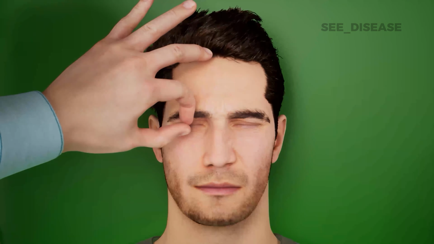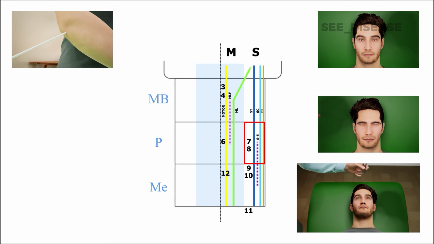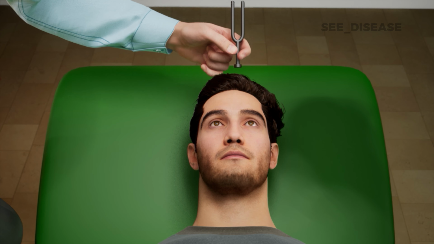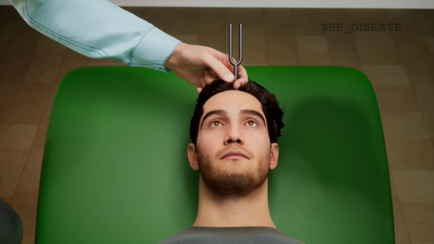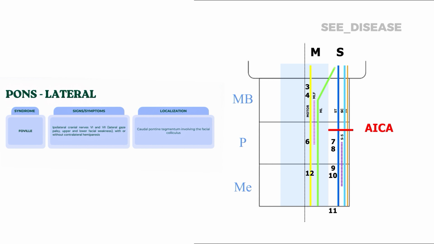And on the tuning fork test, you may be able to demonstrate the hearing loss or vestibular involvement on the same side. So the common syndrome being described is Foville syndrome, characterized by ipsilateral cranial 6th and 7th palsy with or without contralateral hemiplegia. And the culprit artery is anterior inferior cerebellar artery.